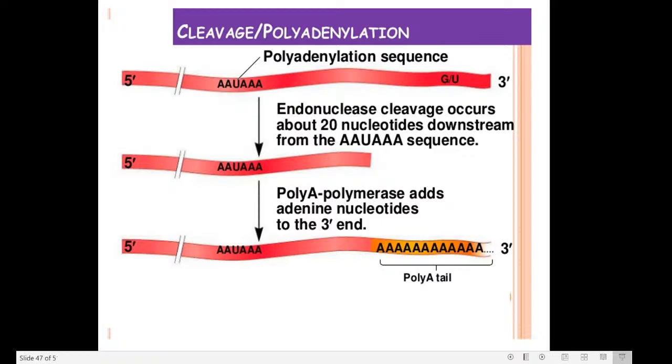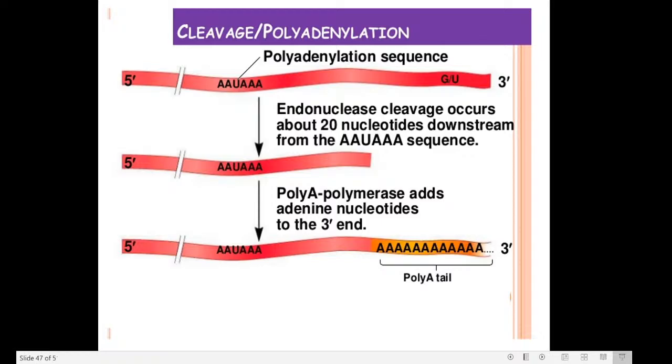Why do we need to remove that? If we want to develop the poly A tail, we need to remove some sequence at the end, and then poly A polymerase adds adenine nucleotides at the 3' end. First step is polyadenylation.